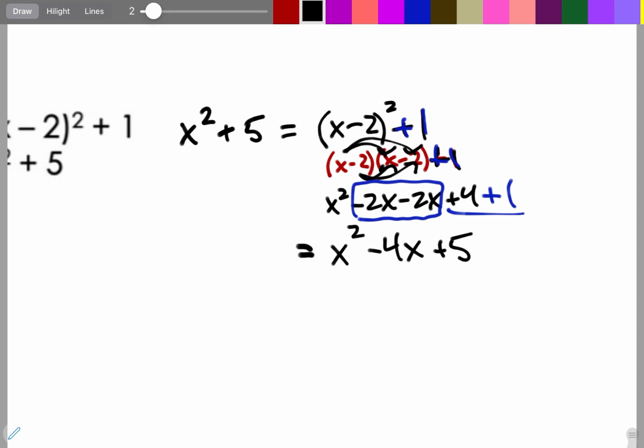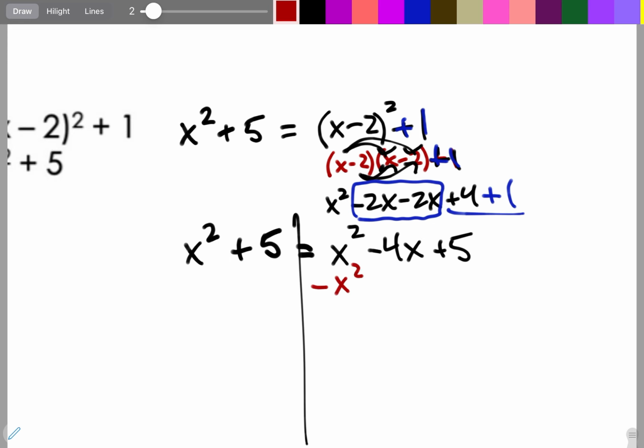Now, we're going to set all of that equal to x squared plus 5. Look what happens to the x squared on this one. Subtract x squared. Also, I'm going to go ahead and subtract 5.